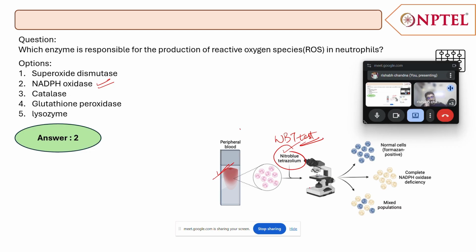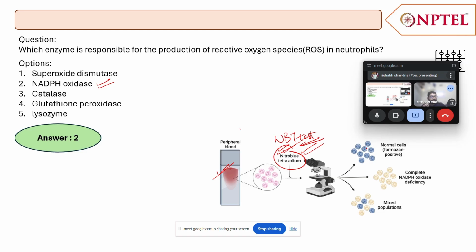We create a smear with this dye, and if NADPH oxidase is there, it would change the color of the nitroblue tetrazolium to blue. So that means NADPH oxidase is present there.